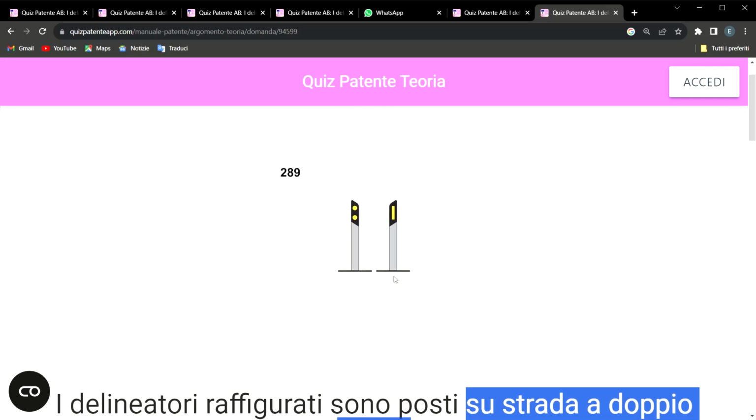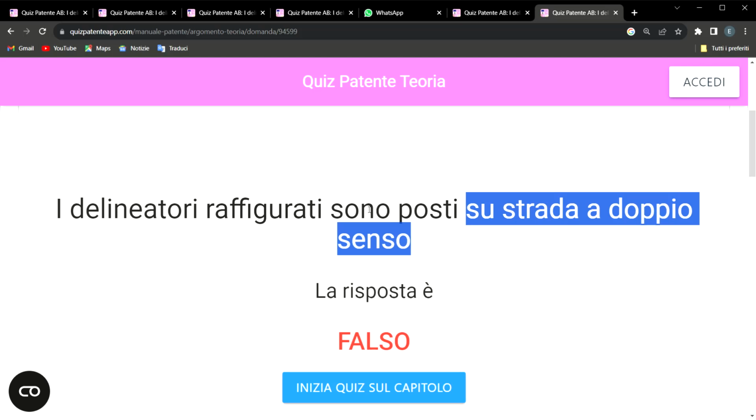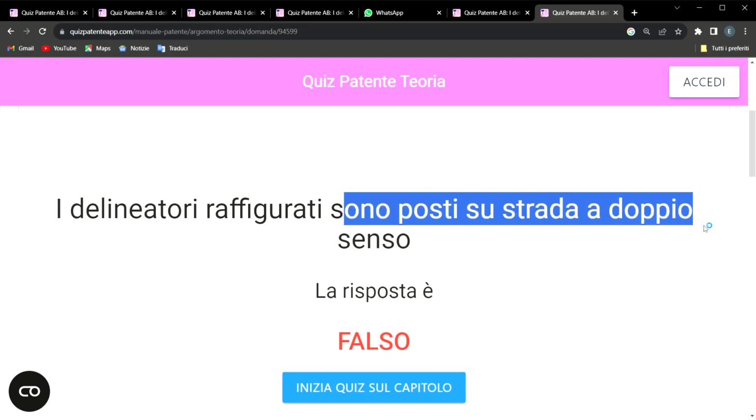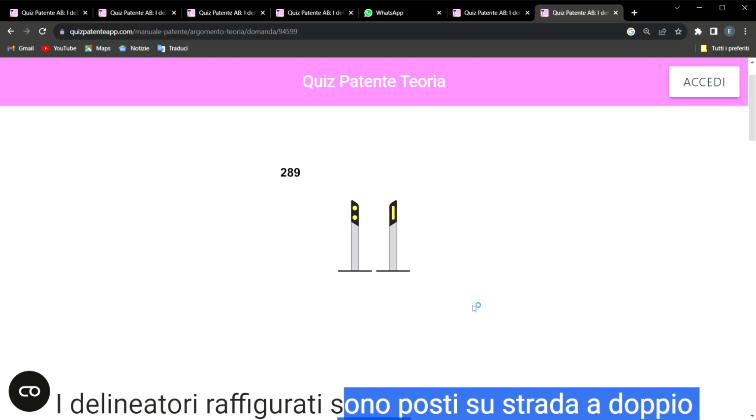So this equipment that is here, it says sono posti sulla strada, so it is found on doppio senso. Doppio senso simply means double lane, a road which permits the transit of vehicles on both ways.